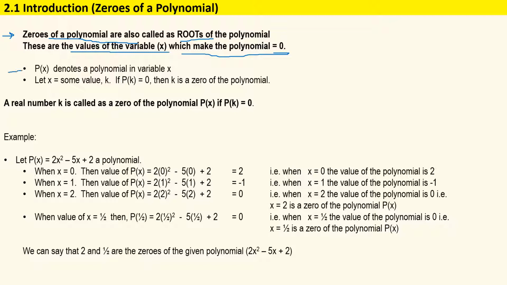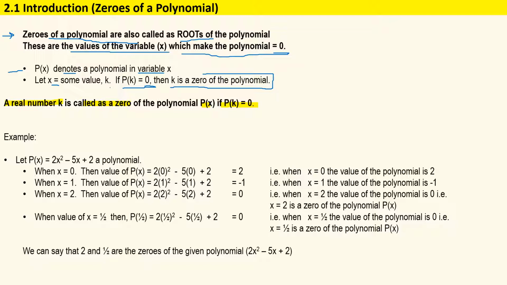So if p(x) denotes a polynomial in variable x, then for a given x, let's say x is equal to k, if p(k) becomes 0, then k is called a zero of the polynomial. We can put it in a more formal manner and say a real number k is called a zero of the polynomial p(x) if p(k) is equal to 0.